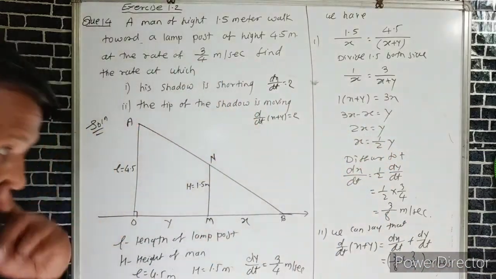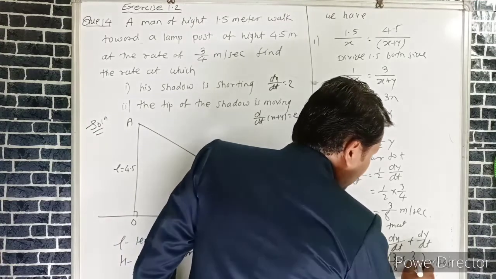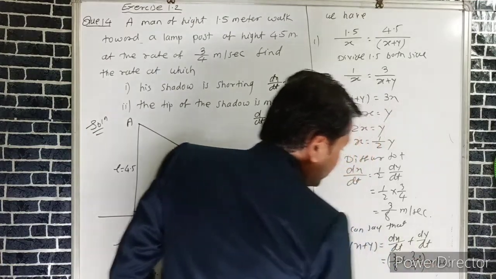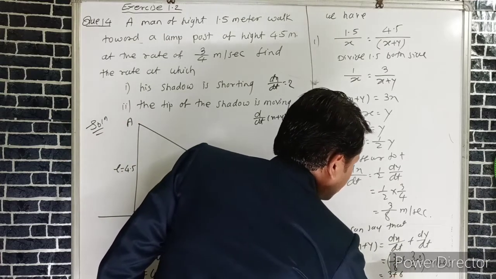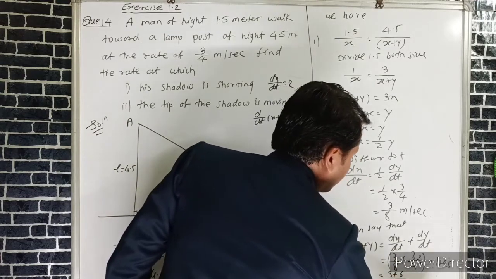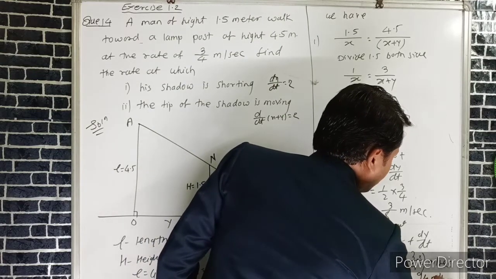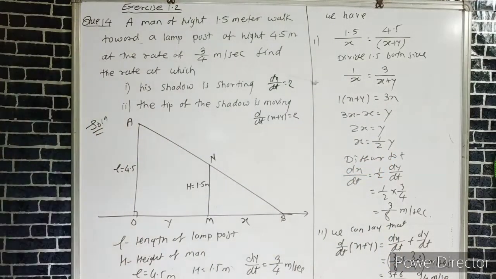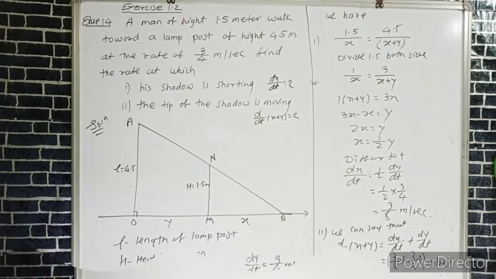If we take the common denominator, 2 into 2, we can write 3 plus 3 into 2, 6, so 3 plus 6 upon 8, which is 9 by 8 meter per second. This is the speed at which the tip of the shadow is moving. So the derivative with respect to t of x plus y is 9 by 8 meter per second.